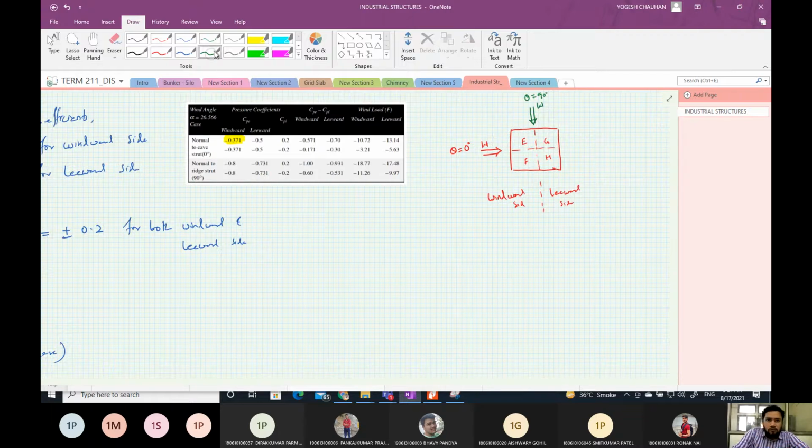And when theta is equal to 90 degree, this will be windward side, this will be leeward side.